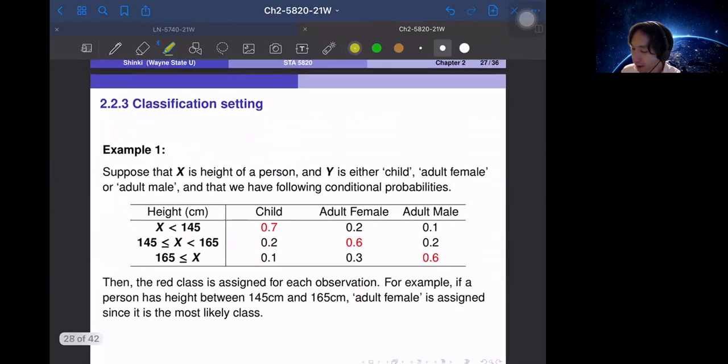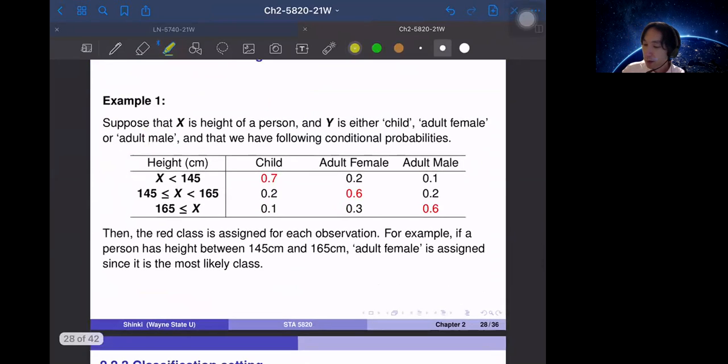A more easy to understand example. Suppose that X is the height of a person and Y is either child, adult female, or adult male. Then we make this rule. If height is less than 145 centimeters, then we predict that person is a child, and this rule is 70% correct, but 30% wrong.